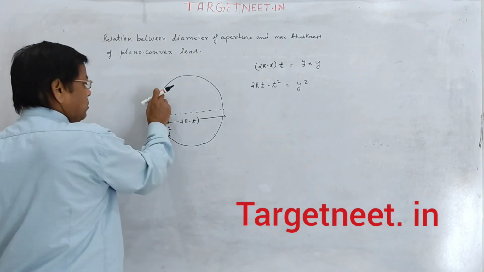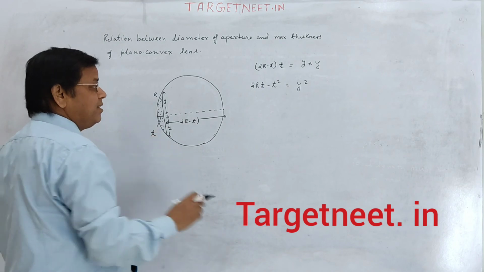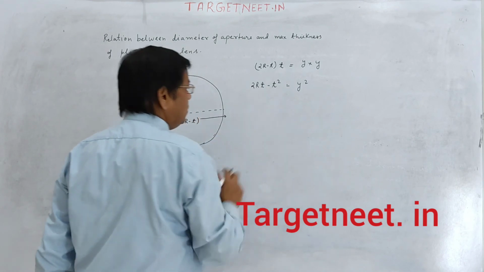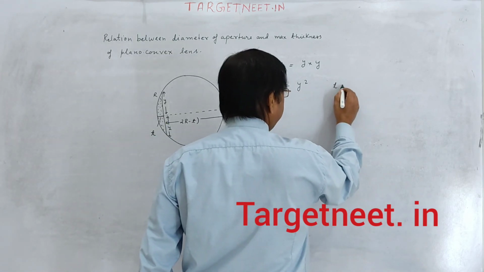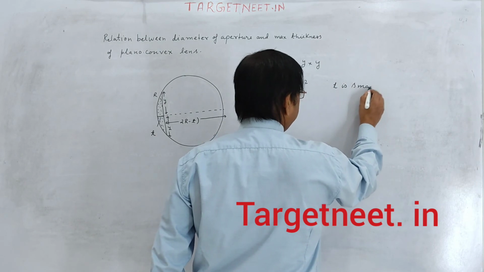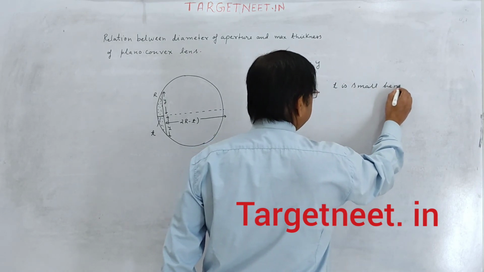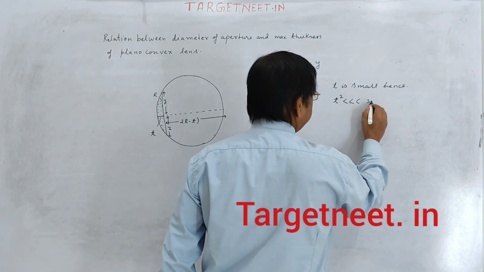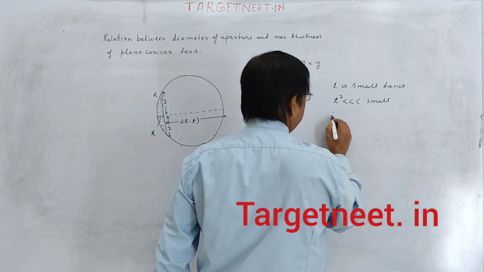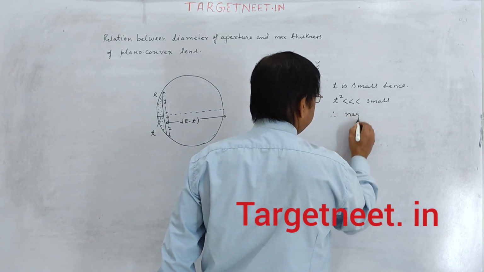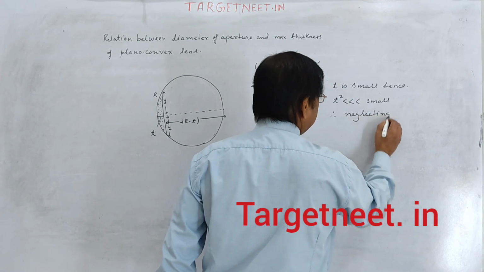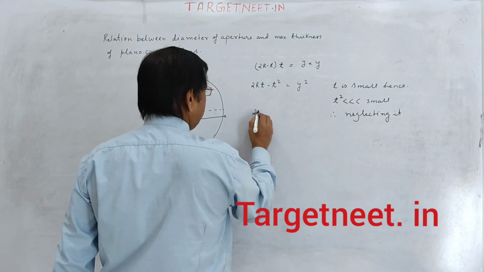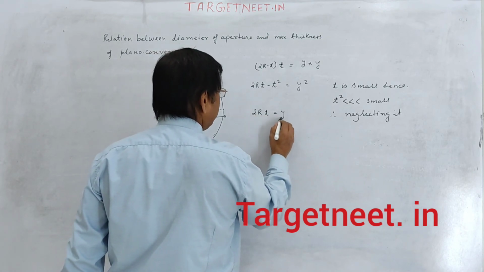Now this is thin lens. So if lens is thin, then t will be small. So I can neglect higher power of t. So as t is small, hence t square is much smaller. So neglecting it, now we can write 2rt is y square.